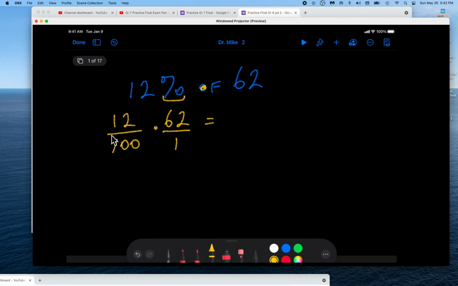Okay, so how would we reduce 12 over 100? Well, you always do the smaller number first. 12 can be reduced to 2 times 6, and 100 is 2 times 50.